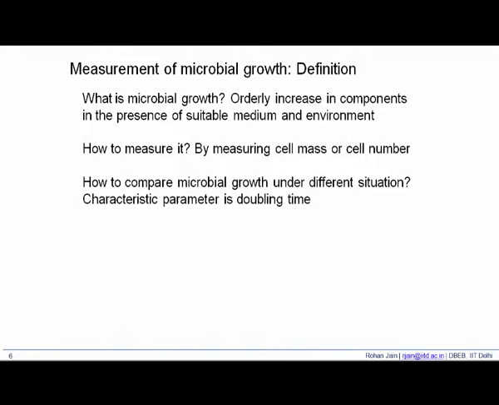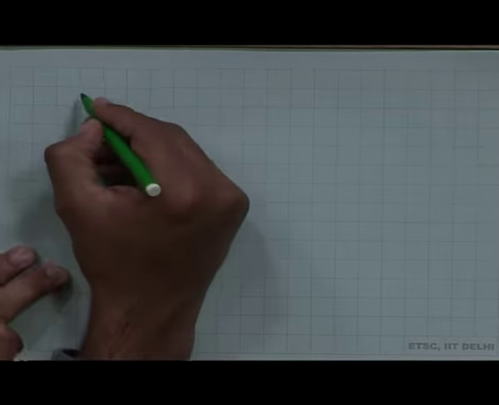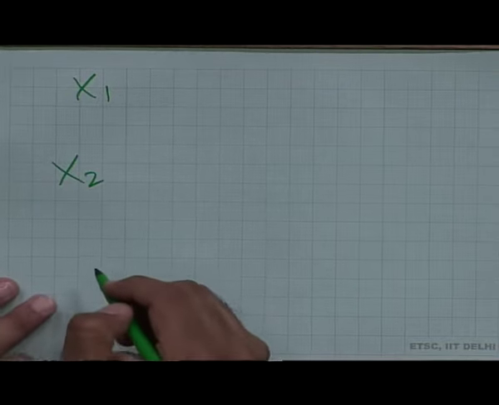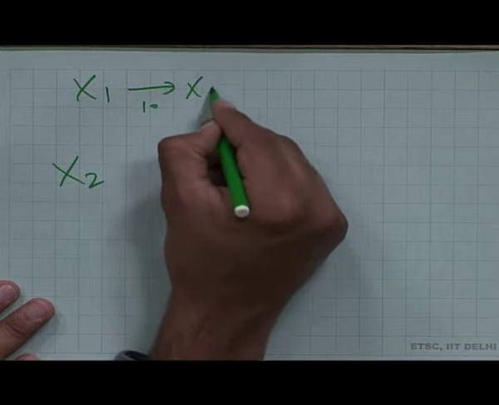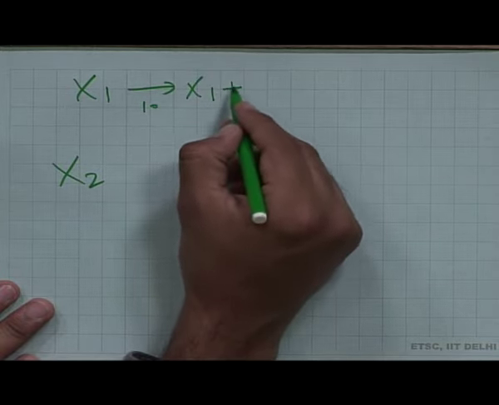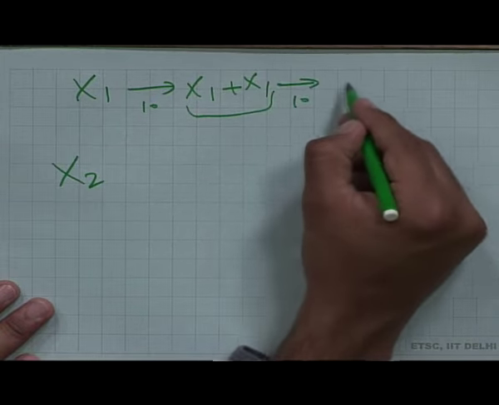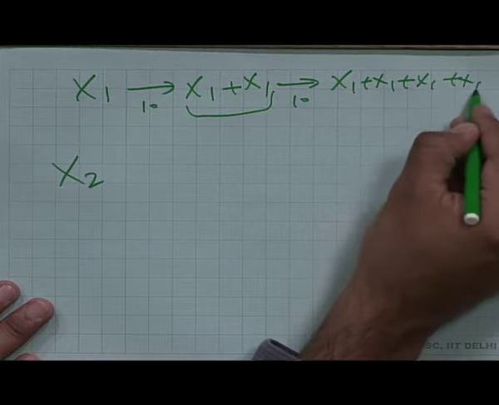In some cases the same microorganism would grow at a different rate in different situations. Okay. So, let me clarify this statement a little bit more. We have a microorganism x1 and we have an x2. Okay. x1 in 10 minutes becomes x1 plus x1, so 2x1. In another 10 minutes it would become x1 plus x1 plus x1 plus x1.